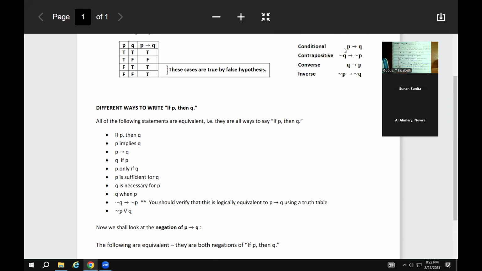The one it's logically equivalent to is the contrapositive. If P then Q means the same thing as if not Q then not P. And the converse, if Q then P, means the same thing as if not P then not Q, because converse and inverse are contrapositives of one another.